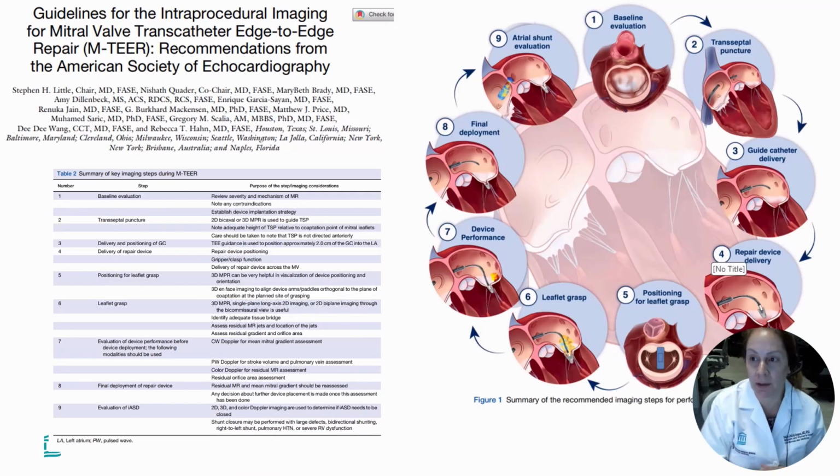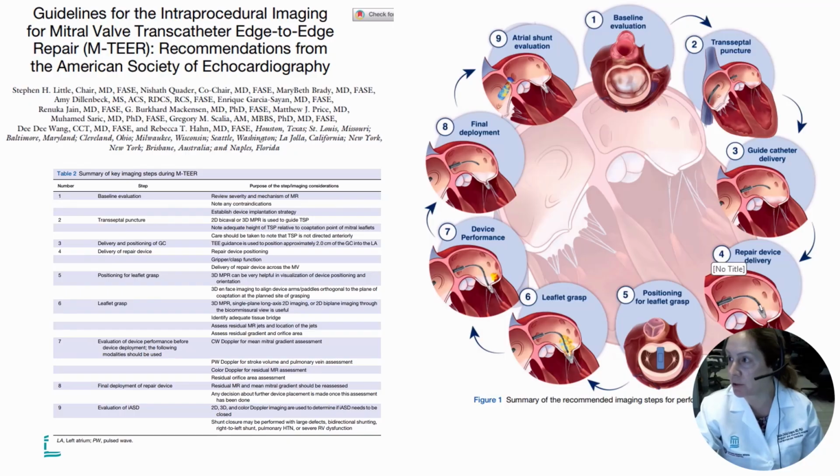A very important document is the one published almost three to four weeks ago in JASE, the ASE guidelines on intraprocedural imaging for transcatheter edge-to-edge repair. They describe nine steps during the mitral edge-to-edge repair, starting with a baseline evaluation, because a full TEE protocol should take place before you even start the transseptal puncture.